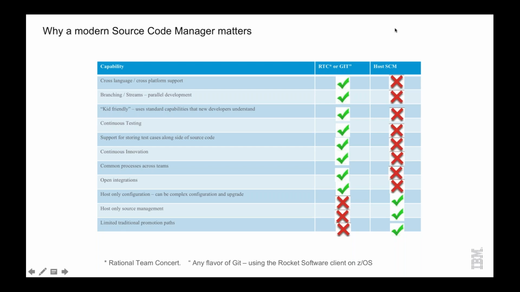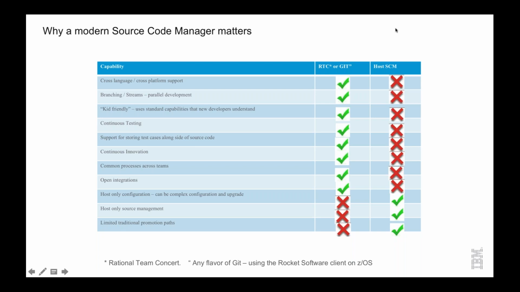But it was z/OS only. It was very specific to the system. It provided a very strict promotion path. And it made some sense in the 1980s and 1990s, but the world has changed. There's nothing else on the planet that is the same as 30 years ago.